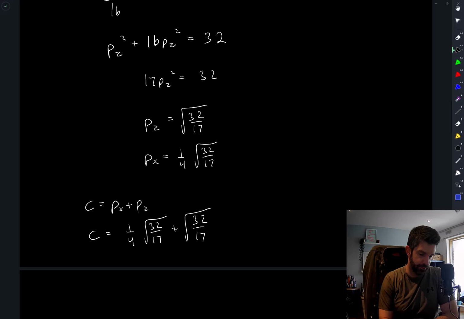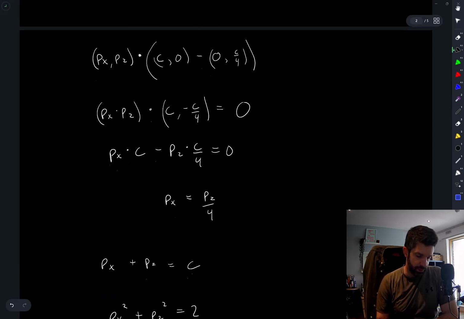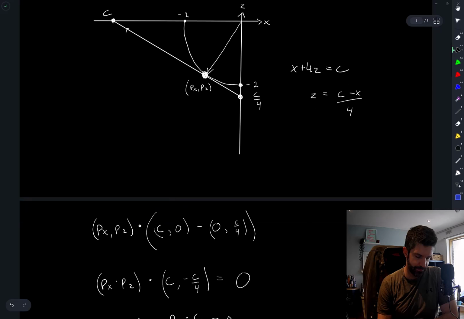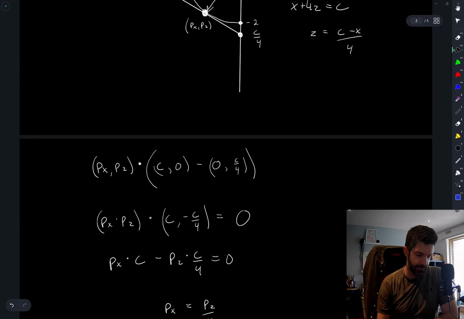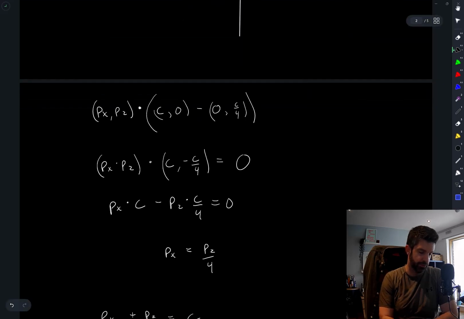So pz is in fact negative 32 over 17. px, well, let's make sure I did the algebra there correctly. I don't even need all this dot product jazz, it was completely needless anyways.